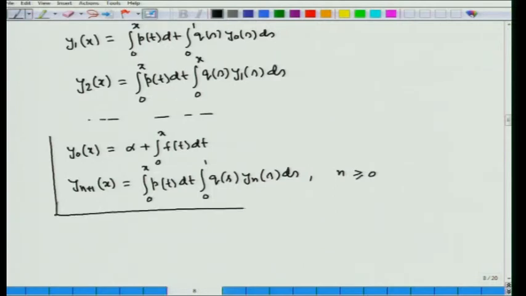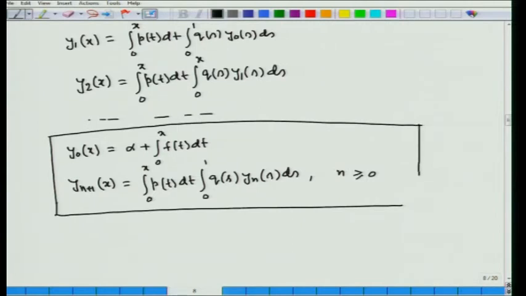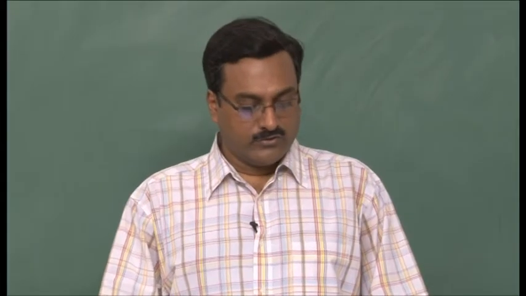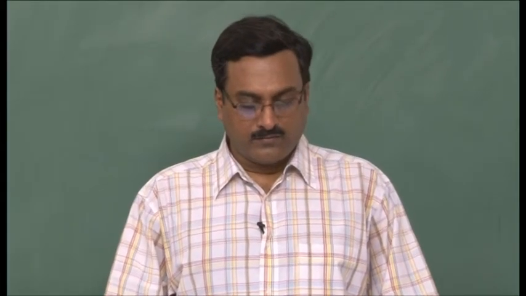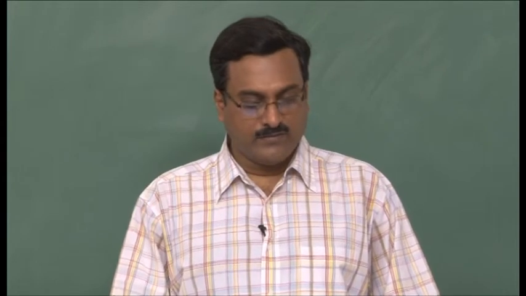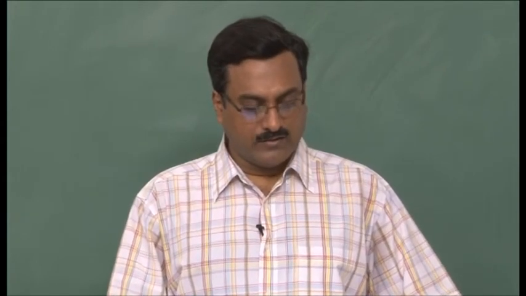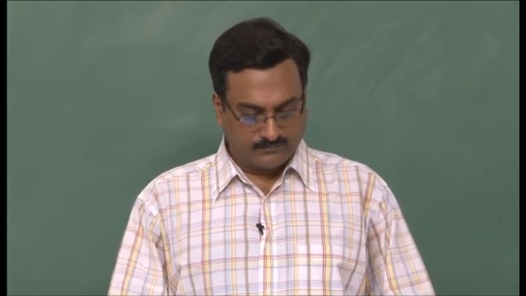So, this is the compact form for finding the quantities y_0, y_1, y_2, y_3 and so on, in order to find out the solution of the Fredholm integral differential equation using the Adomian decomposition method.